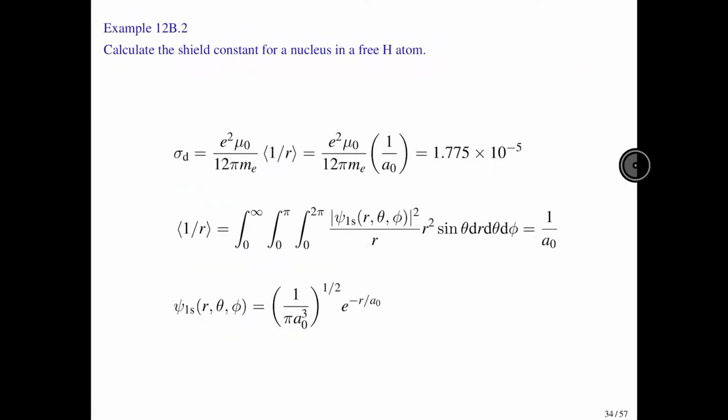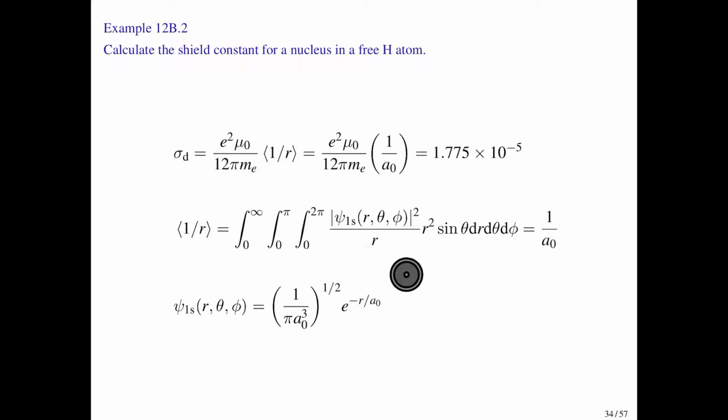Well, in this example problem, you're being asked to calculate the sigma d value using the Lamb formula. And so you need to evaluate this expectation value here, and so we want to think back to when we studied electrons and their different expectation values. So we'll just consider a free proton, and we know what the electronic states are for a free proton.